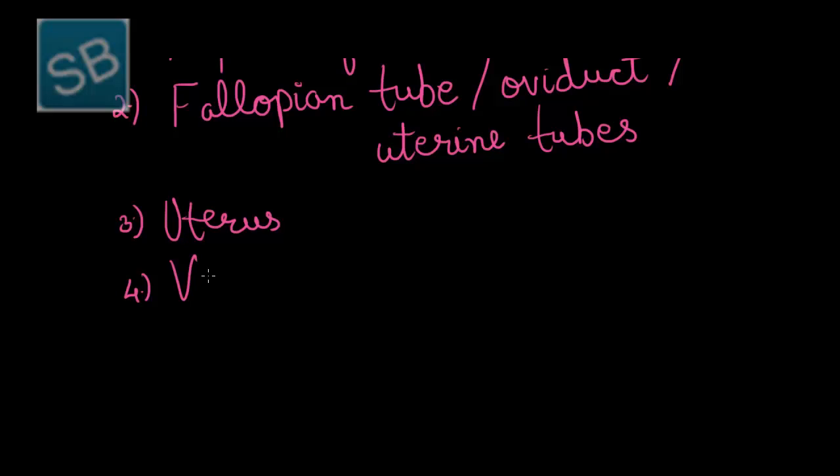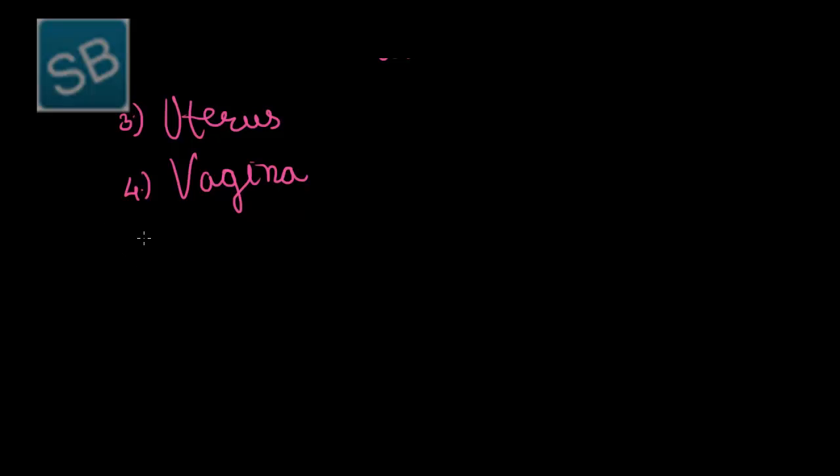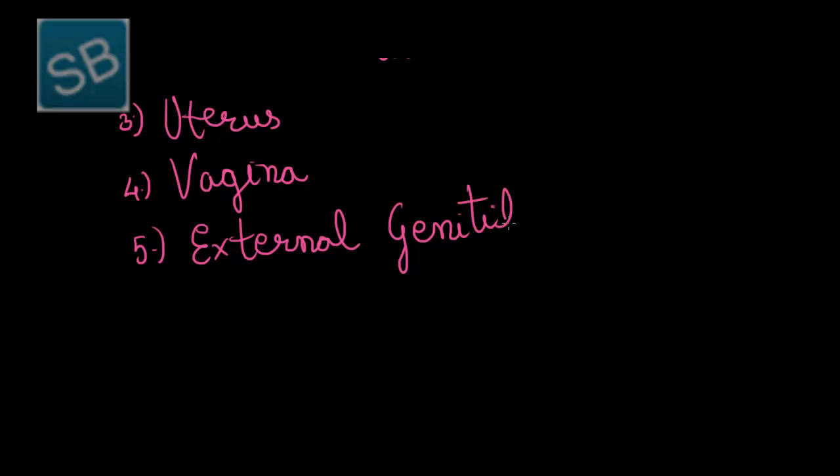The fourth part is the vagina, and the fifth is the external genitalia, which is also known as the vulva or pudendum.